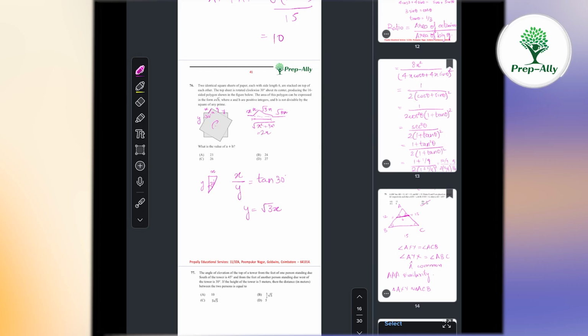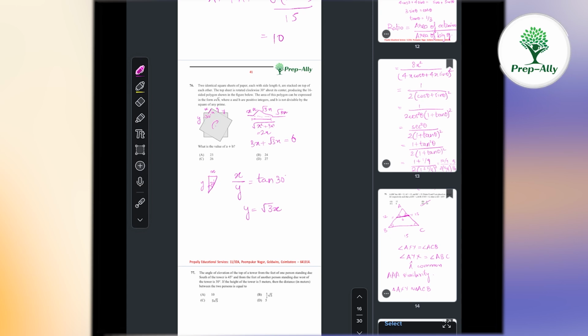So the side of the square is 3x plus root 3x, which equals 6. 6 is given in the question, right? So now we know x and we know y.